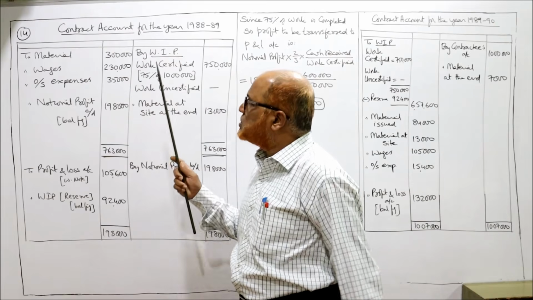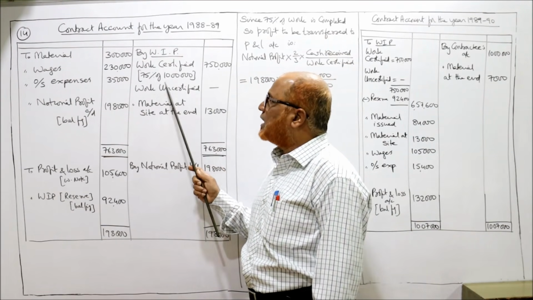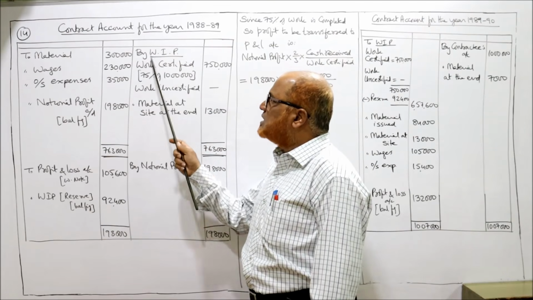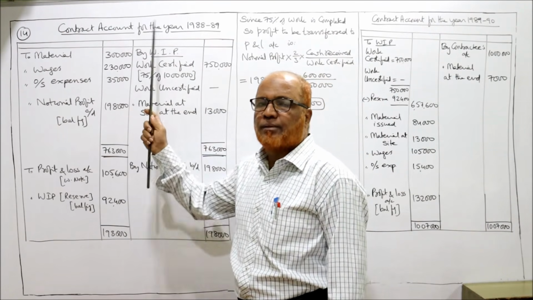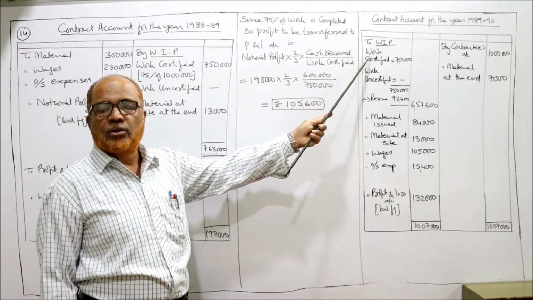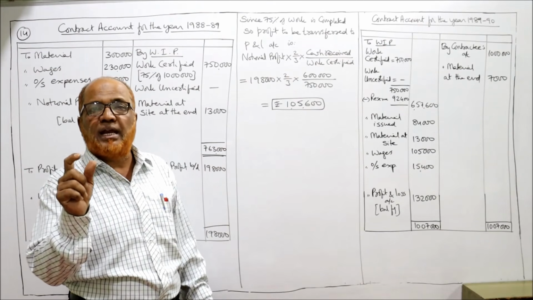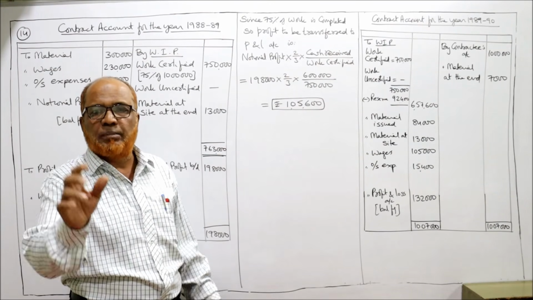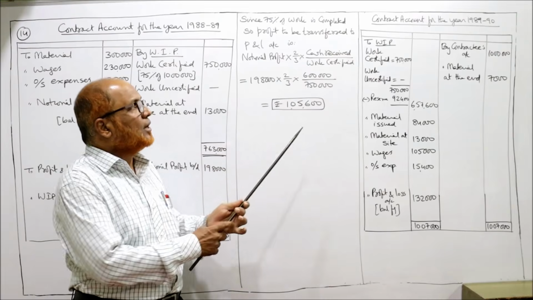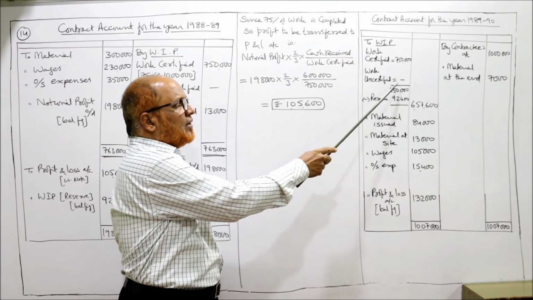So how much is the closing WIP here? Work certified 7,50,000. Work uncertified is not there. This is the closing WIP of first year. Now this will be taken on the debit side of the second year. In the second year, on the debit side, first we take opening WIP, which is nothing but the closing WIP of first year. So to WIP, work certified 7,50,000, work uncertified not given.